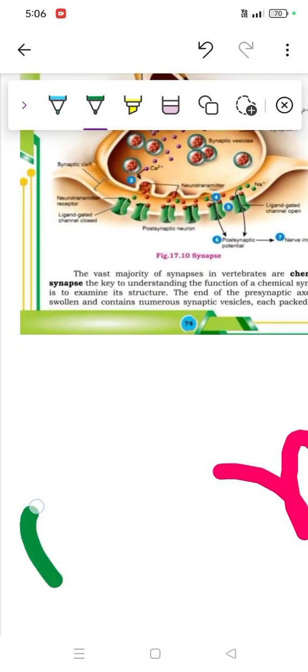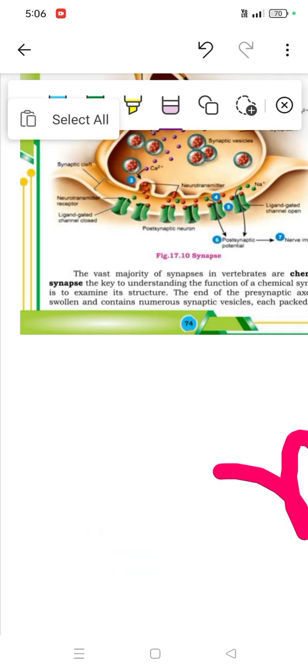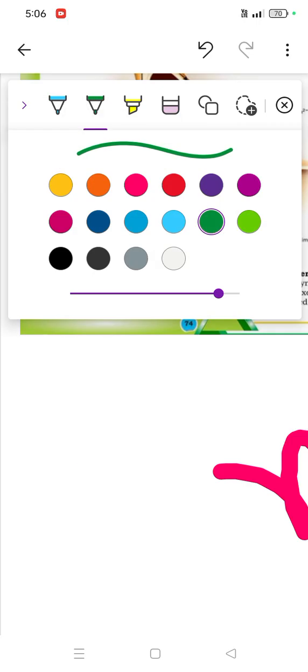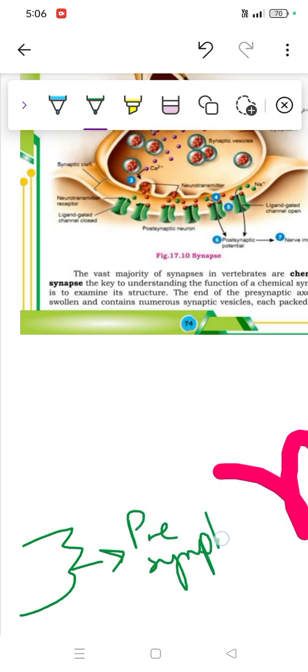If this is the structure of the first one, these endings are basically called the presynaptic membrane.